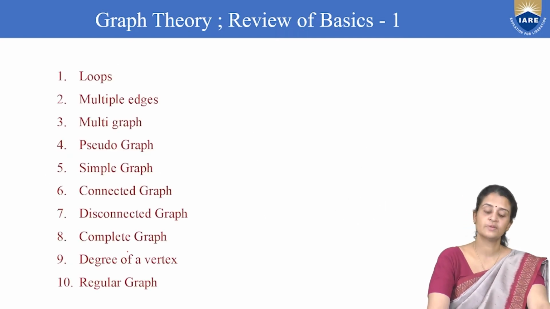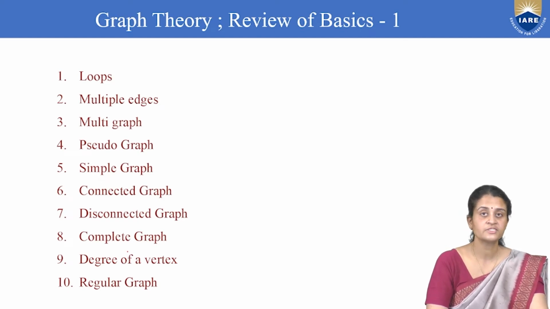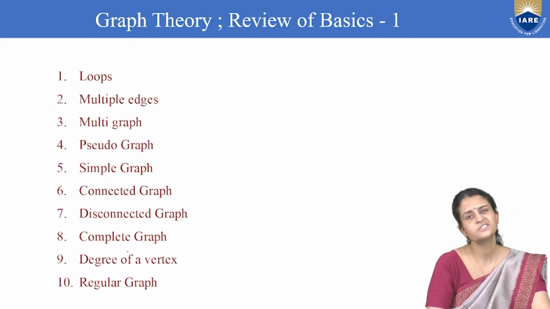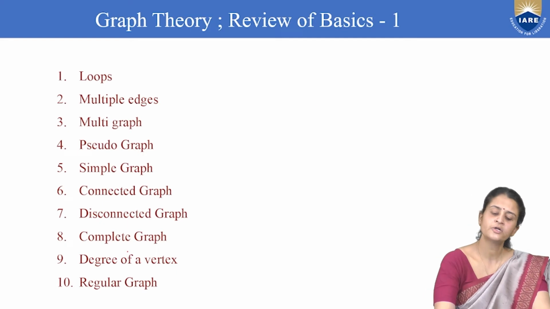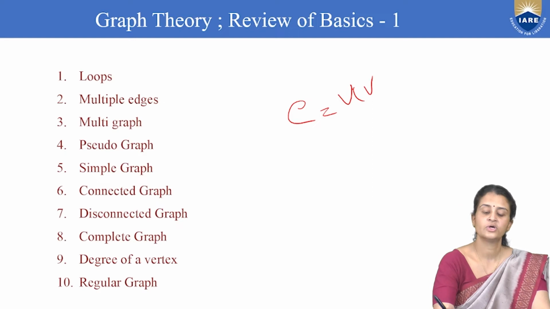Now let's see some other basic concepts that we have been using. I hope most of you are familiar with these terminologies: loops, multiple edges, multigraphs, pseudographs and all. What is this loop? We have already told that edge equal to UV, that is, edge E has two endpoints U and V. So if both the endpoints are same U, then the edge becomes a loop.